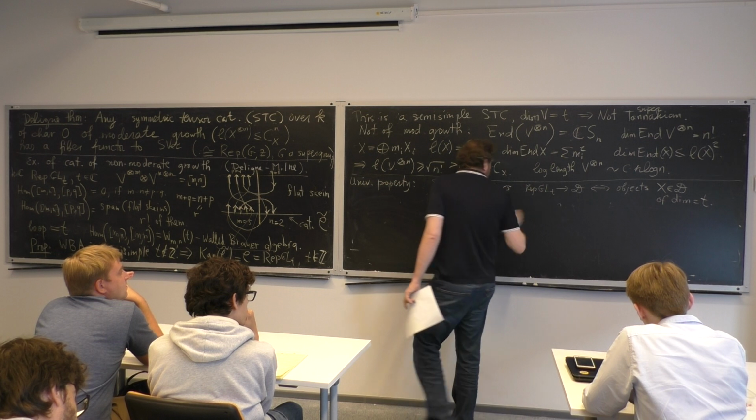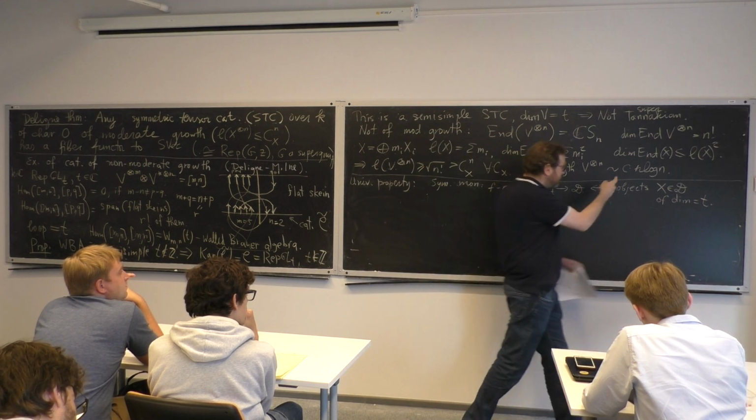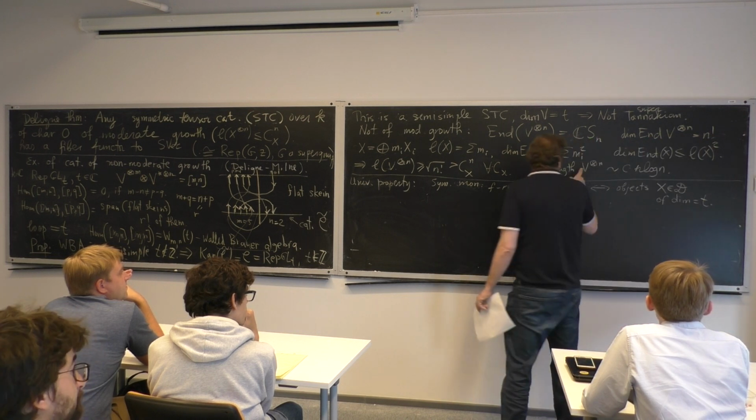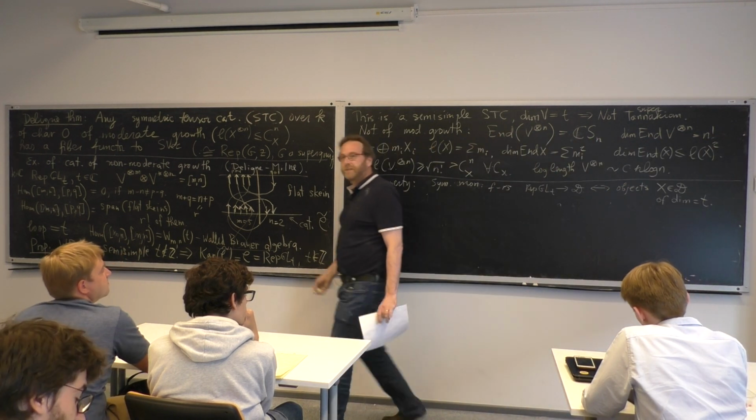And even if this category is not rigid, this is just rigid objects with this property. So basically, we have to tell where V goes, and then it's universal, so it extends uniquely.